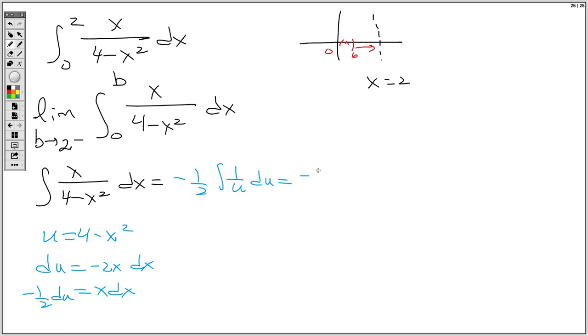So we get a natural log out of this thing. So I get negative 1/2 natural log, absolute value of 4 minus x squared. So now things are going to behave a little differently than they did in the last example, because I've got a log in there.